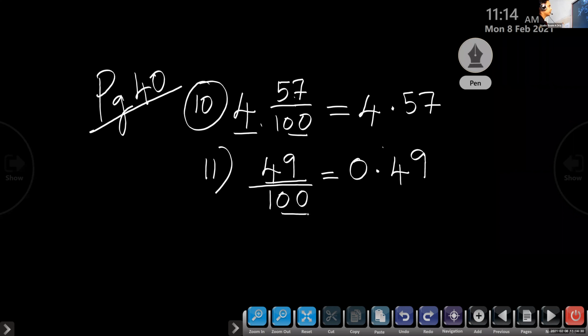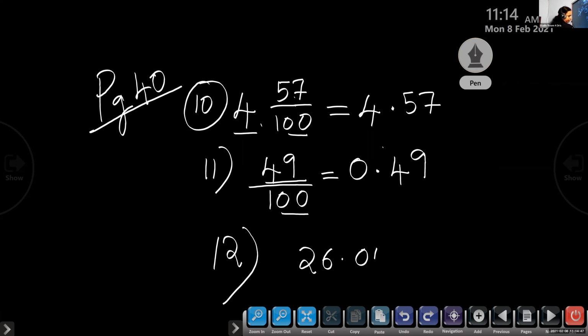Okay. Question number 12. Aiden Joseph. Convert the decimal 26.04 into a fraction. So children, to convert into a fraction, we will look at the decimal part first.